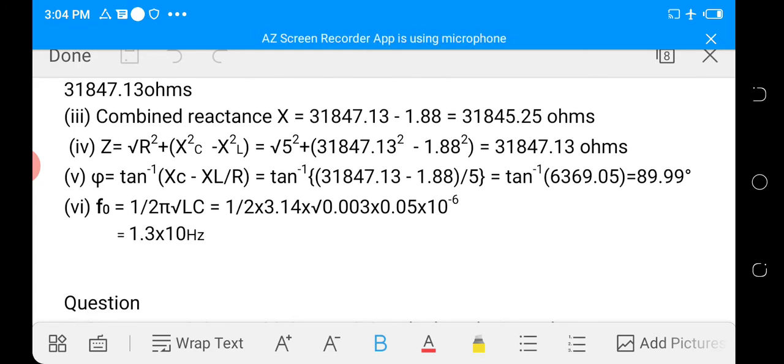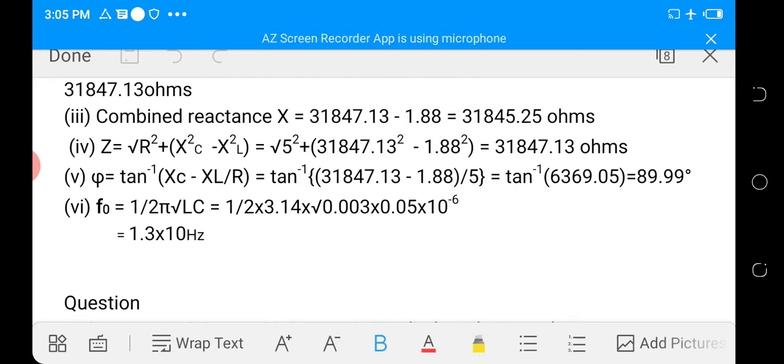(4) The impedance Z is given by the formula square root of R squared plus (XC minus XL) squared. In the bracket, we are subtracting XL from XC because capacitive reactance is greater than the inductive reactance.